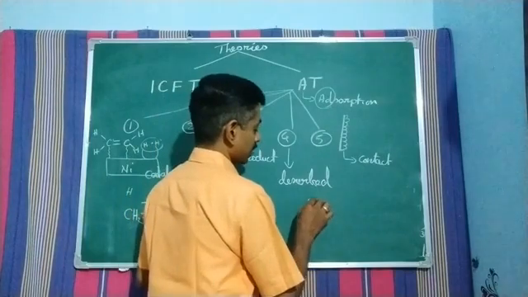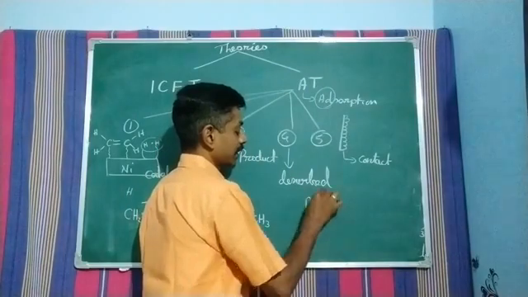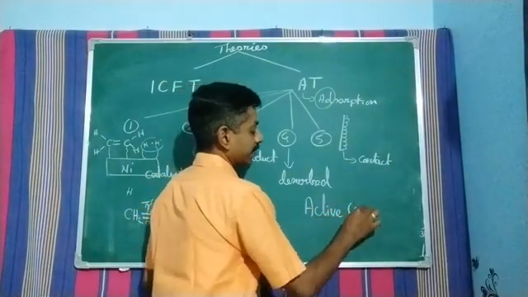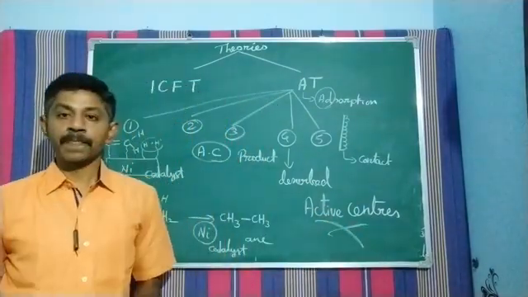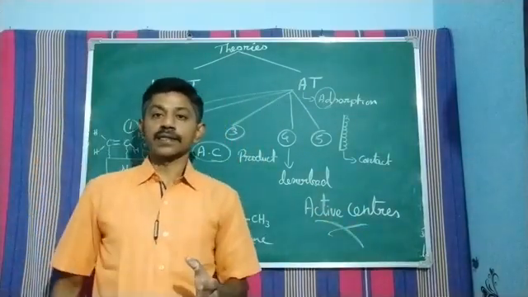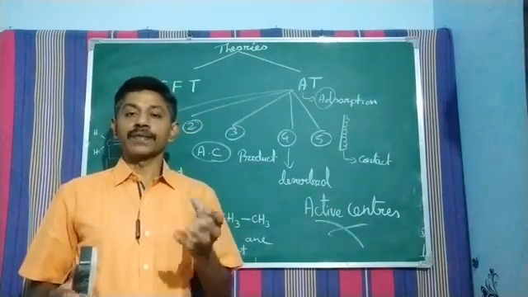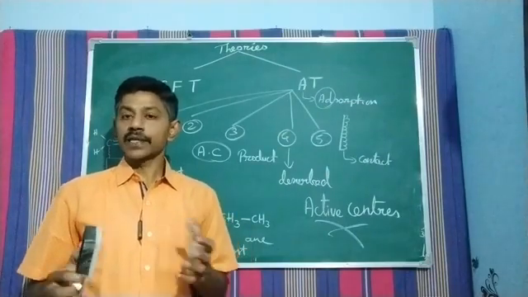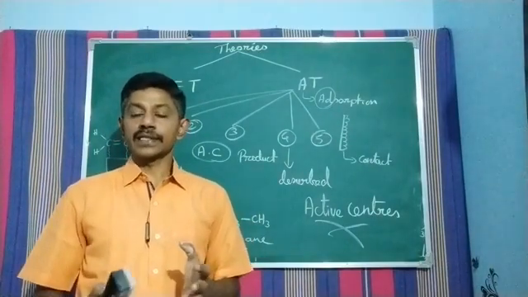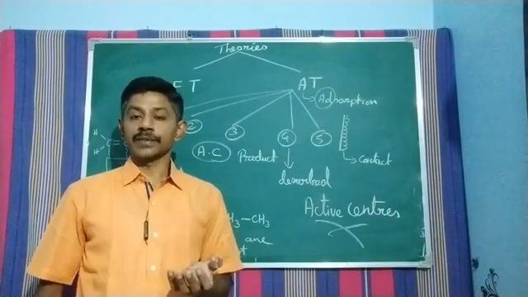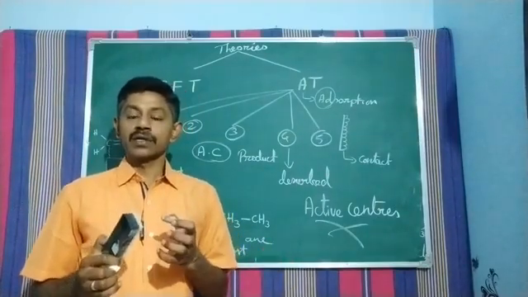The very, very important term we have to talk about in catalysis is active centers. What are active centers? Any catalyst has on its surface some very, very active sites. Catalysts are not very smooth, like shiny balls. They are made up of peaks, cracks and edges.